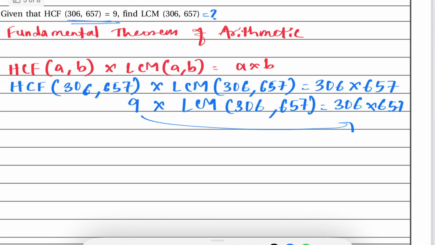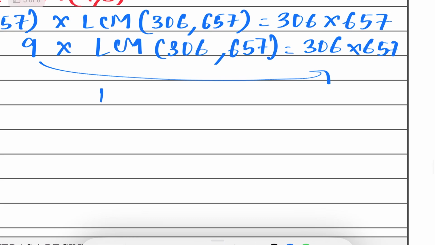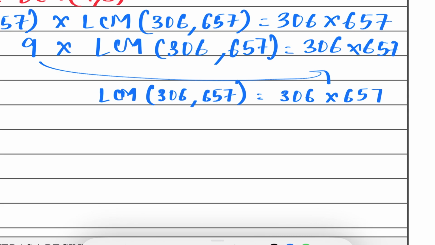So this 9 will go that side and become divide. So we write LCM of 306 and 657 equals 306 times 657 divided by 9. Okay, now we divide 306 by 9.